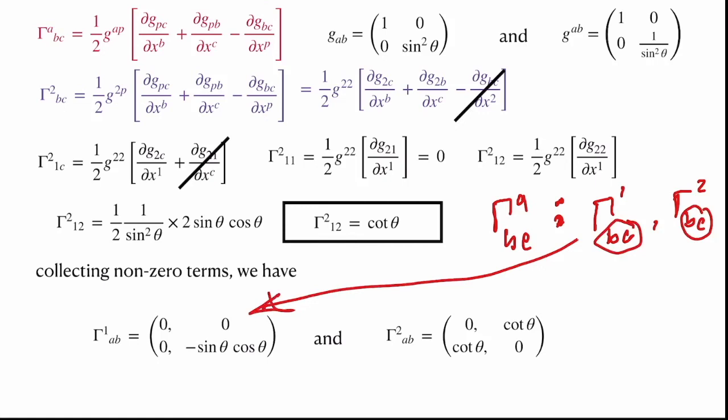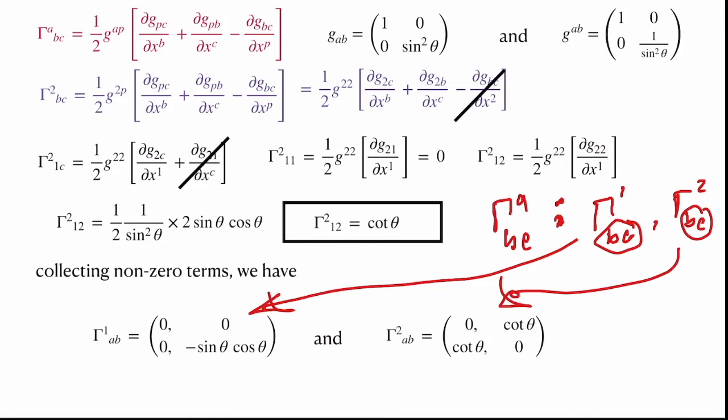The first one is gamma 1 AB, this matrix which has only gamma 1 22 non-zero, and the second one is given here, which is gamma 2 AB. Again it has off-diagonal terms and zero diagonal terms, all because of this calculation. So these are the non-vanishing components of the connection coefficient in the Riemann geometry of a 2-dimensional sphere.